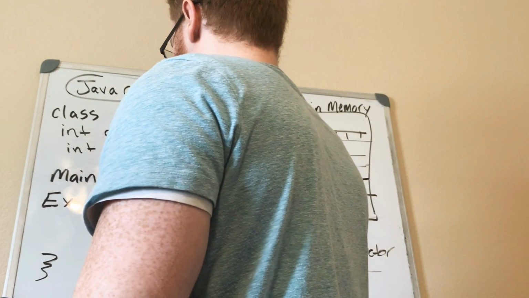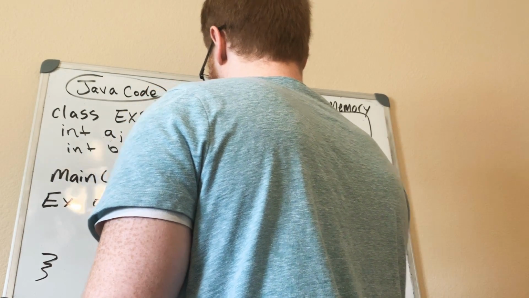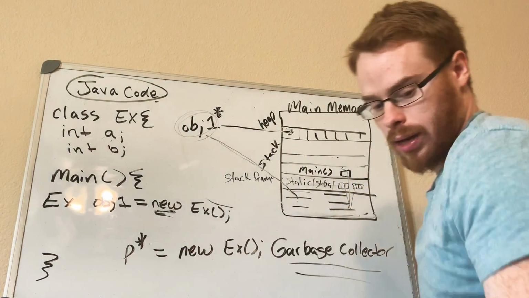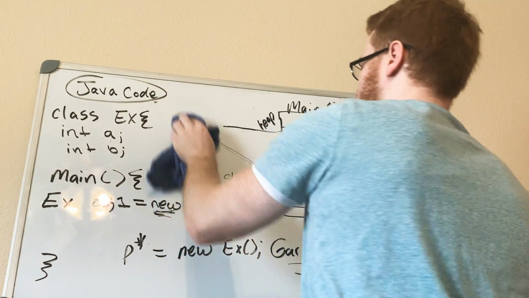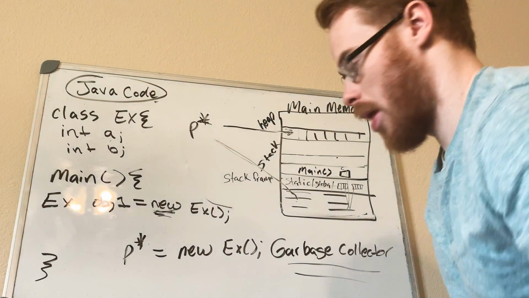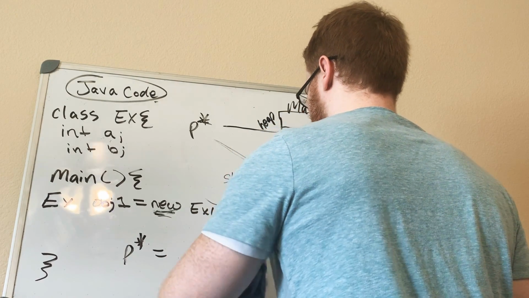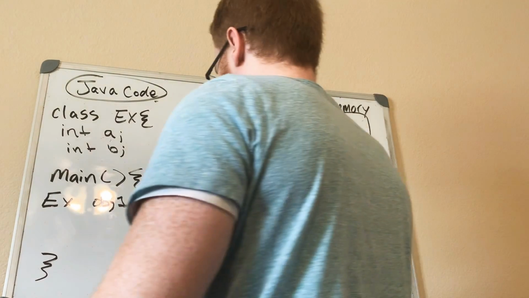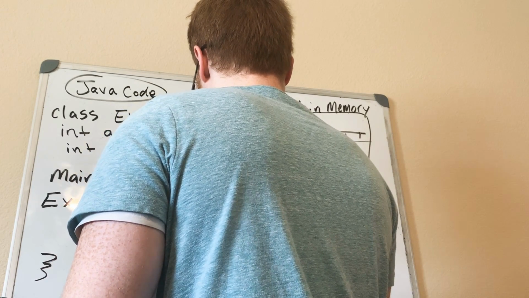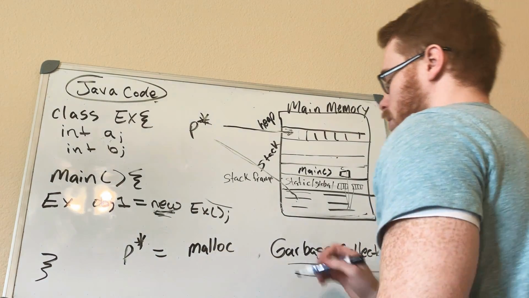Let's say we did something like that, and so we have a pointer. And let's do, because in C you're going to use an API or a method called malloc, which is going to, memory allocation is basically going to allocate some memory for you.